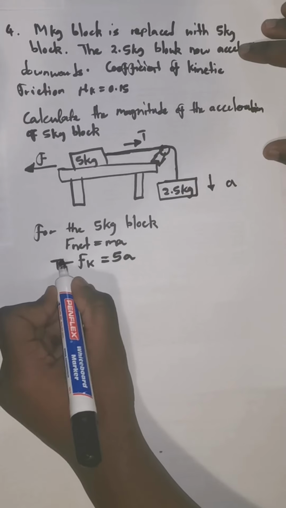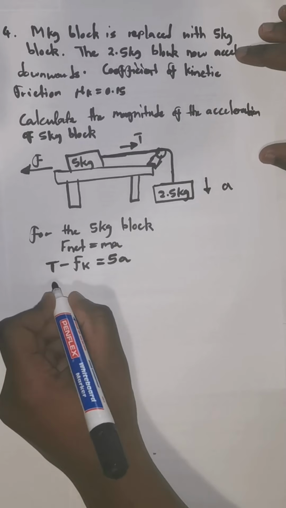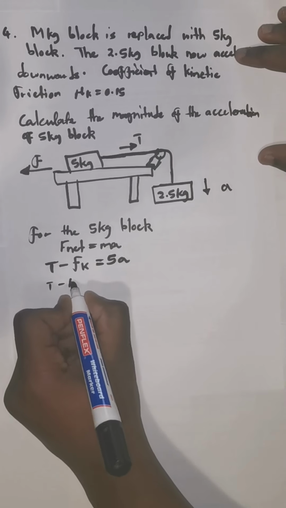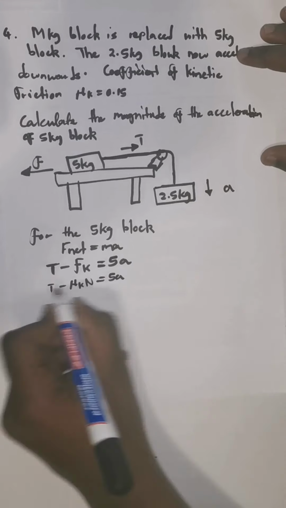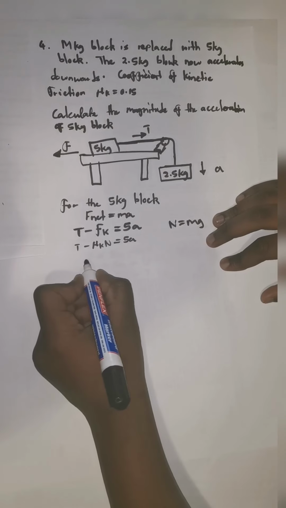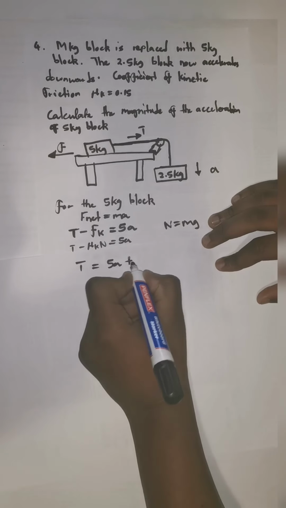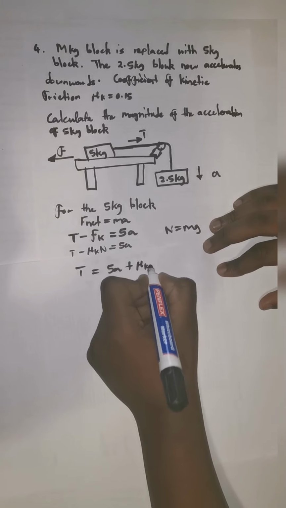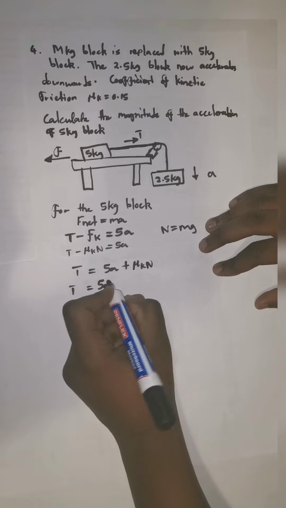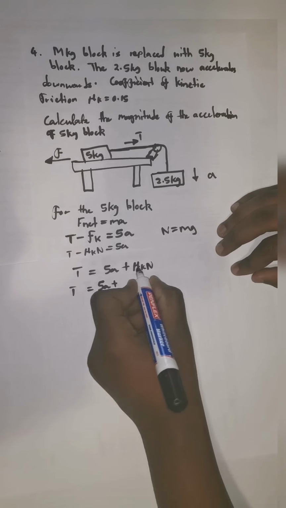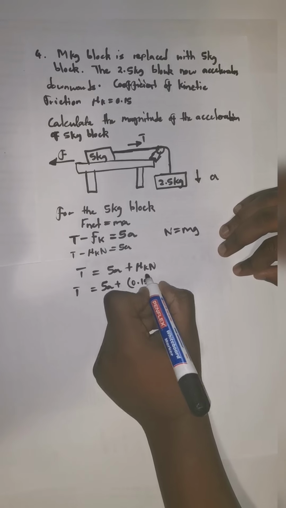And then we actually have everything we need to calculate the kinetic friction. Okay, so let me rearrange this. It's going to be T is equal to 5a plus mu k N. So this is 5a plus, we're given mu k, which is the coefficient of kinetic friction, right?